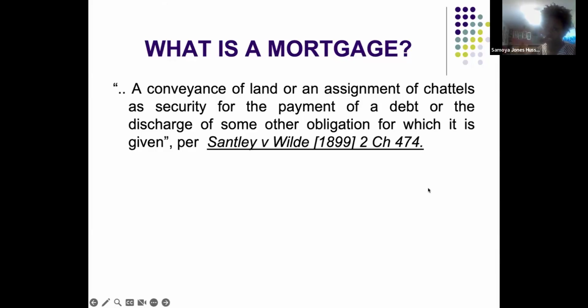Anybody understand what that meaning is saying? Anybody understand what exactly that is saying?